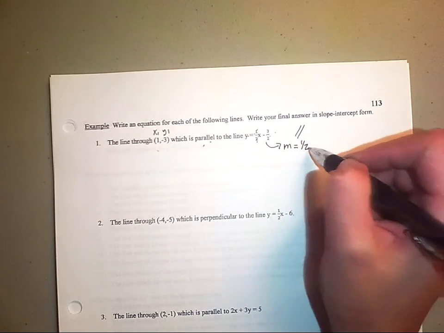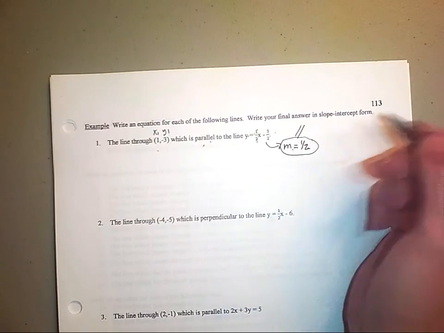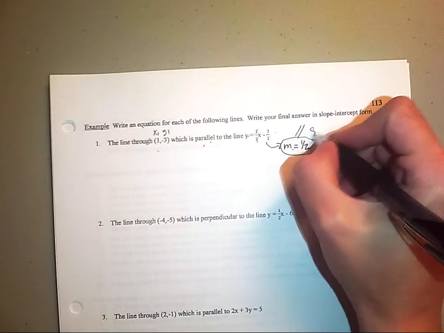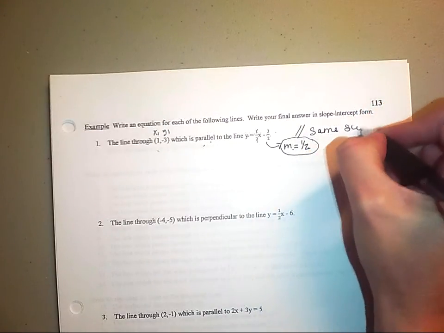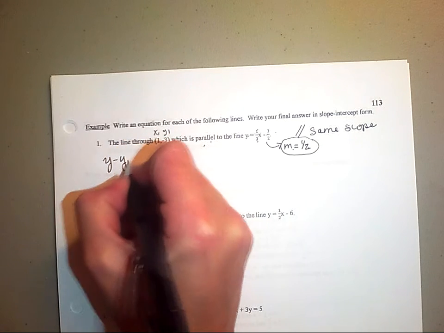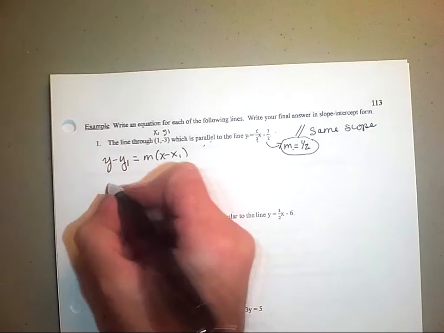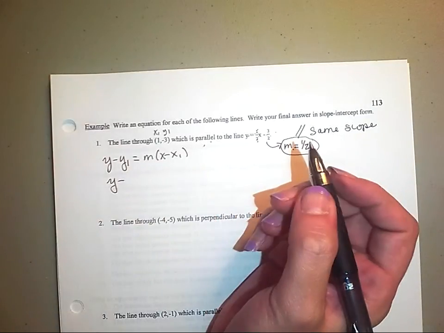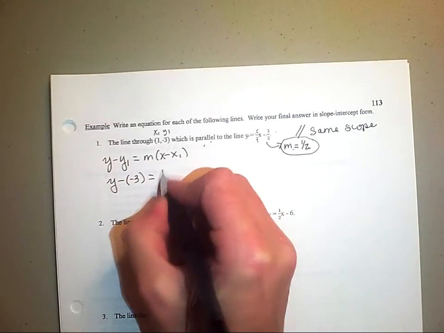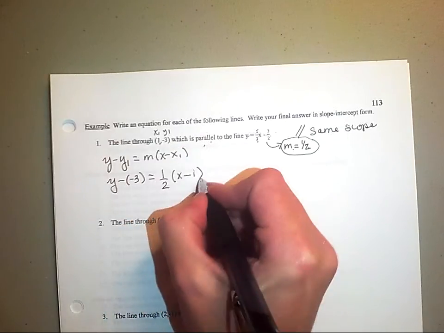So if our line is to be parallel to this line, we also need a 1/2 slope. Parallel means same slope. Then we can use y minus y1 is equal to m times x minus x1. So y minus y1, which is negative 3, is equal to m, which is 1/2, times x minus x1, which is 1.